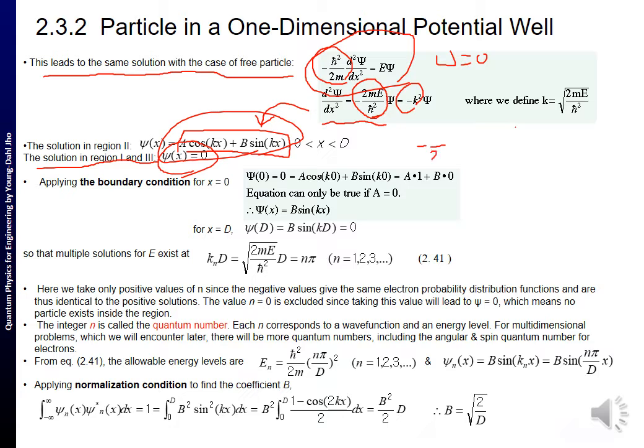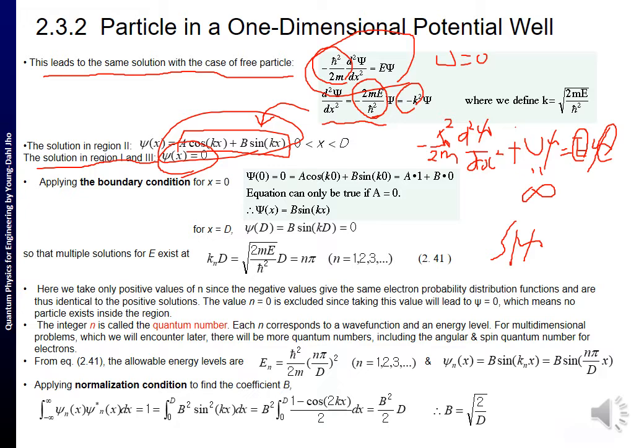In region 1 and 3, here U becomes infinity, but the energy is finite, and wave function should be finite because we have constraint of normalization.